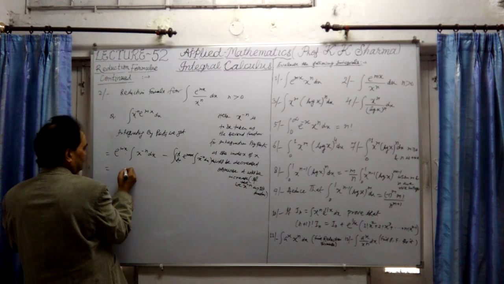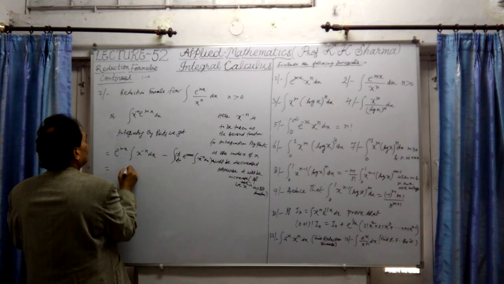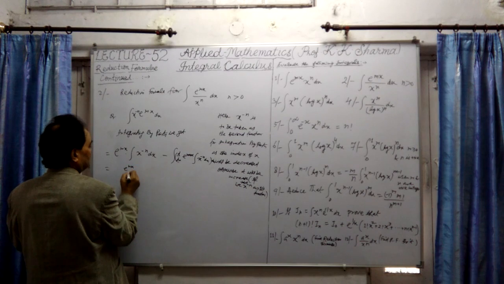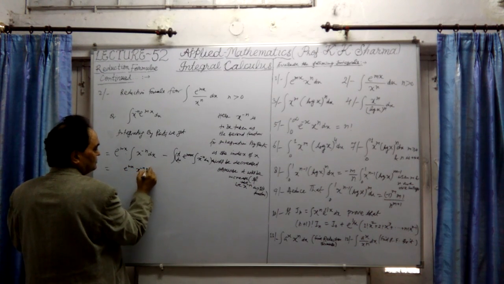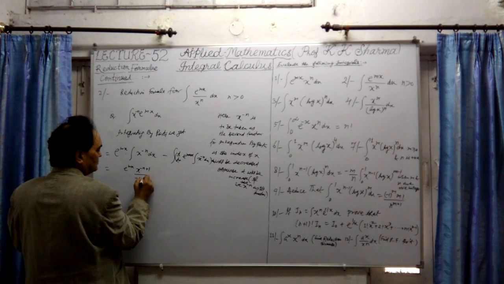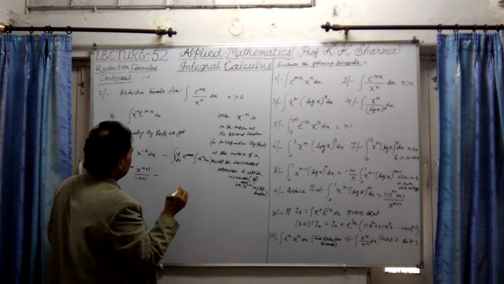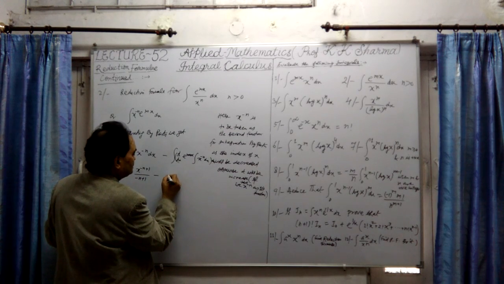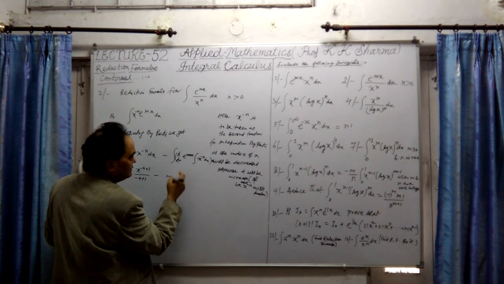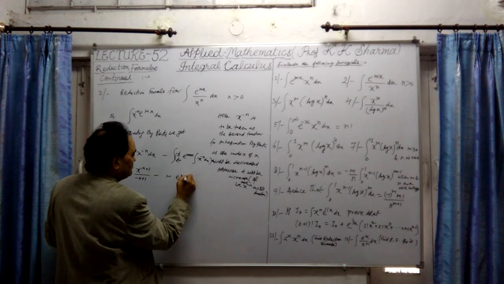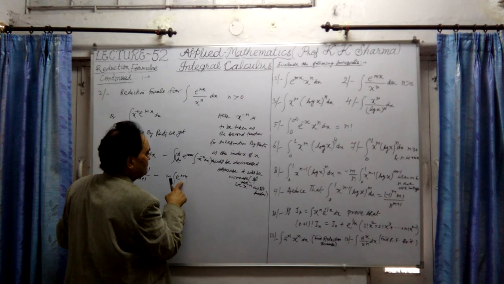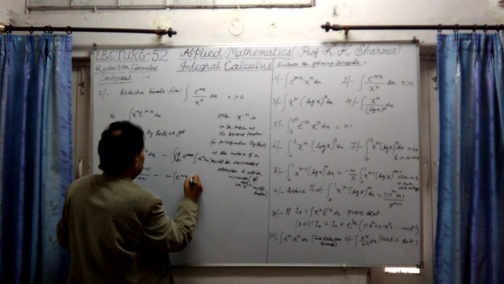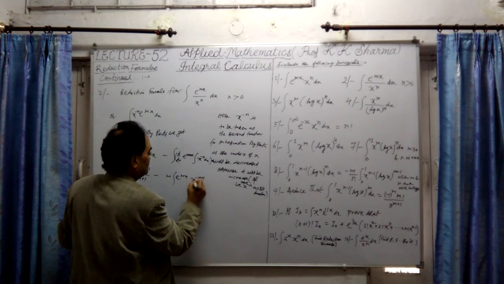It will be nothing but e to the power mx into x to the power minus n plus 1 over minus n plus 1, minus the integral of n... it will be m multiplied by e raised to the power mx, because m comes out after differentiation, into x raised to the power minus n plus 1 over minus n plus 1, dx.